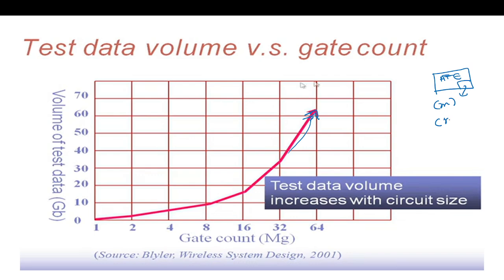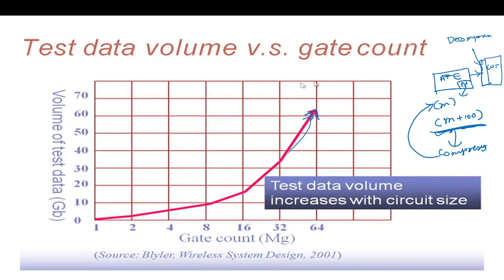So if we want say M plus 100 memory, now this we cannot buy. So what we will do is we will compress this and try to store this in this memory. And at applying to the circuit under test, we will decompress it with the decompressor logic. So this compressor and decompressor circuits we will see briefly.